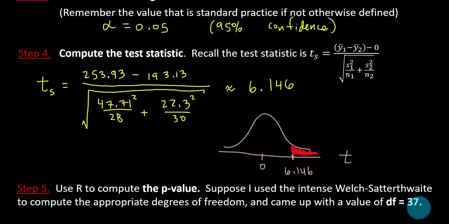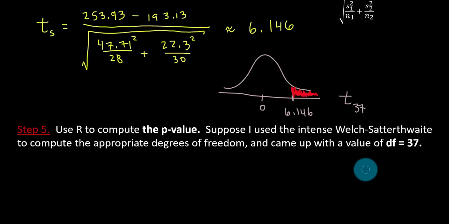In this case, I am giving you the degrees of freedom of 37. So I'll write 37 right here in the image. As a reminder, this Welch-Satterthwaite method of calculating the degrees of freedom is not trivial, so I will give it to you.